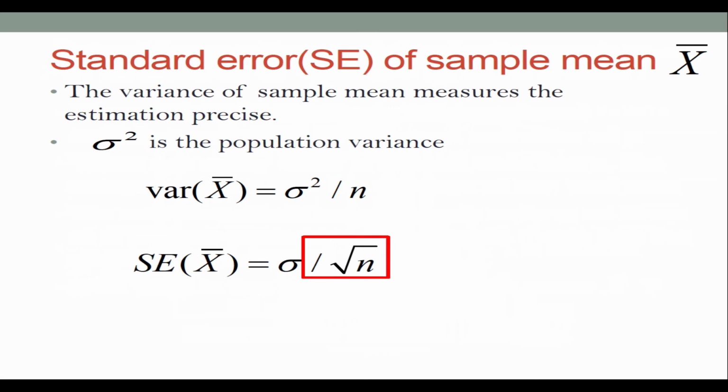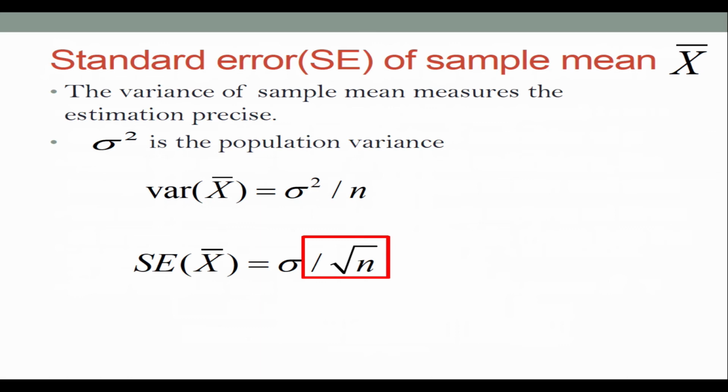Here, I want to draw your attention to this part. 1 over square root of n is a very important factor. It's going to occur lots of times in statistical inference. So the variance of the sample mean is related to the population variance with the adjustment of this factor, 1 over square root of n.